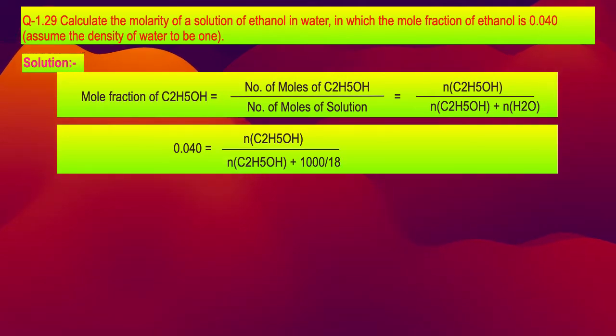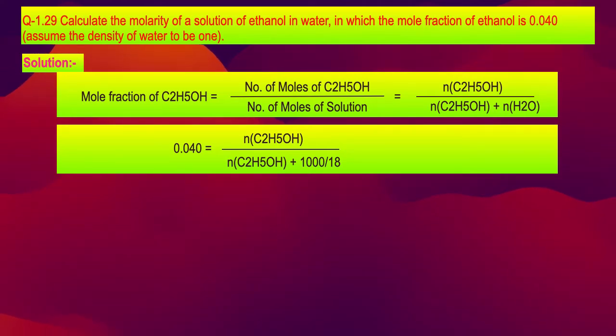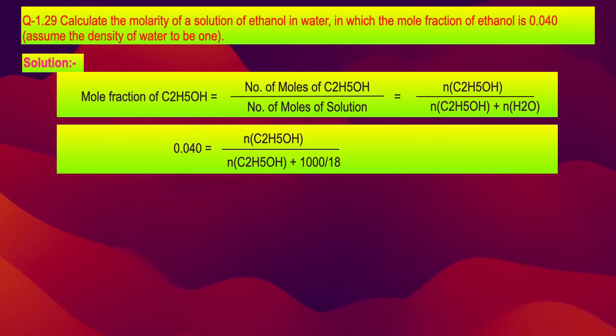Now we will put the value for the number of moles of water, because we have no value for the number of moles of ethanol. The number of moles of water will be weight in gram divided by molar mass. We will assume here the volume of the solution to be 1 liter or 1000 ml, so the mass will be 1000 gram divided by molar mass 18.